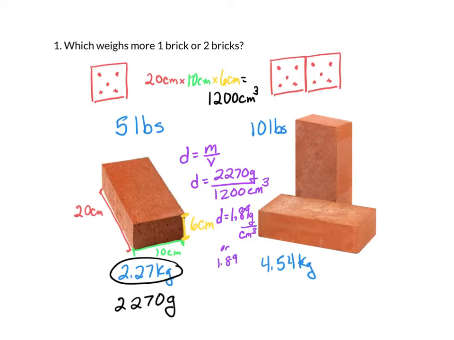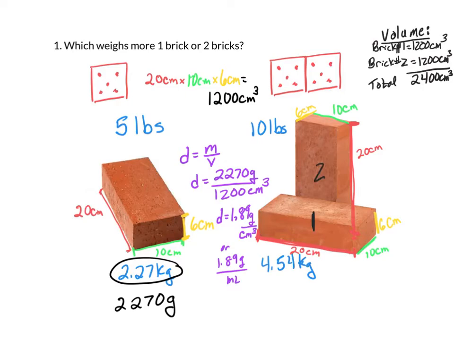What if we try to find the density of the two bricks? Well, again, we're going to start by first finding the volume of the bricks. In this case, again, each brick is 20 centimeters by 10 centimeters by 6 centimeters. So each brick is 1,200 centimeters cubed. Put them together. We're going to add those two together for the total volume of 2,400 cubic centimeters.